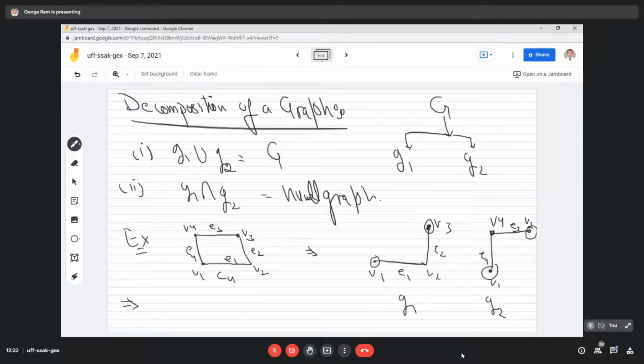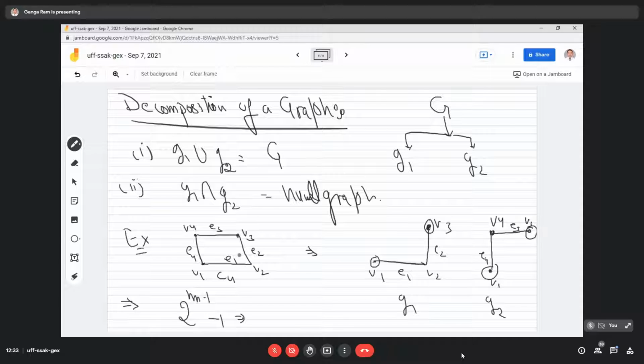Okay. Suppose a graph has m edges, then there are a lot of ways to decompose a graph into two pairs of distinct subgraphs. Got it? This is one way only. This one and this one, this one and this one, this one also you can take like this. So the total number of ways to decompose a graph will be equal to 2 to the power m minus 1, minus 1.